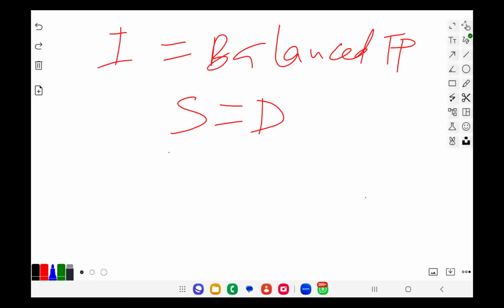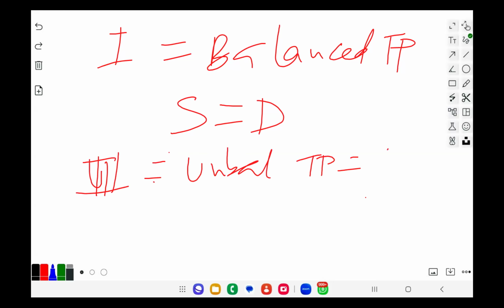Then we also have the unbalanced transportation problem. This is the second type, where supply is not equal to demand. You get it, right? Supply is not equal to demand.